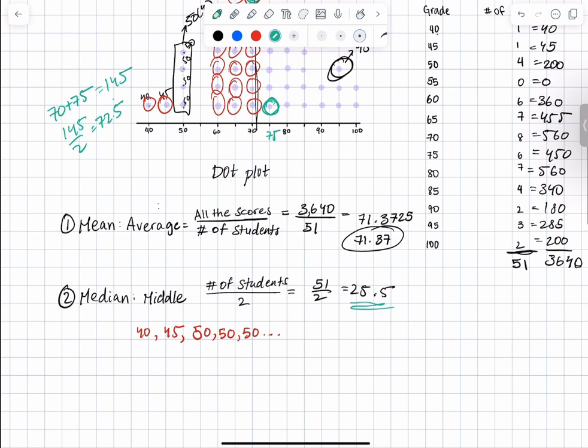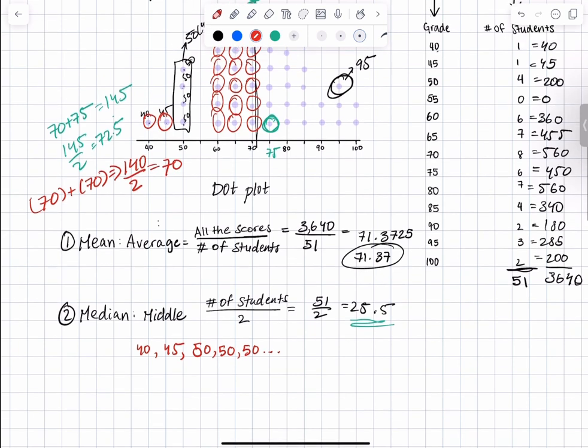If you wanted to make sure, 70 plus 70 equals 140, and 140 divided by 2 equals 70. So that is our middle number, our middle score.